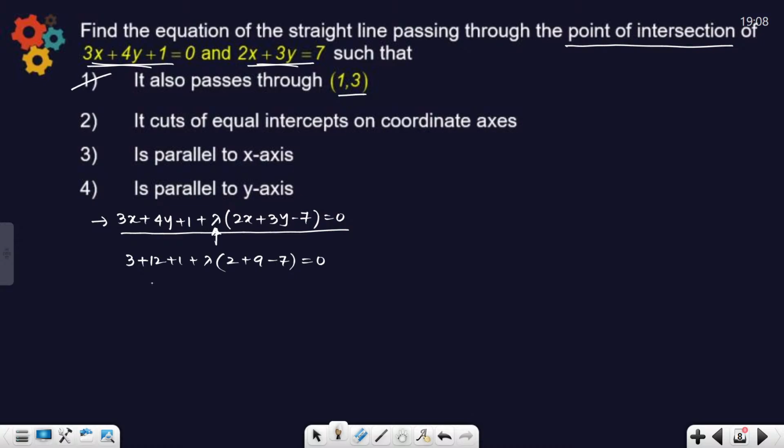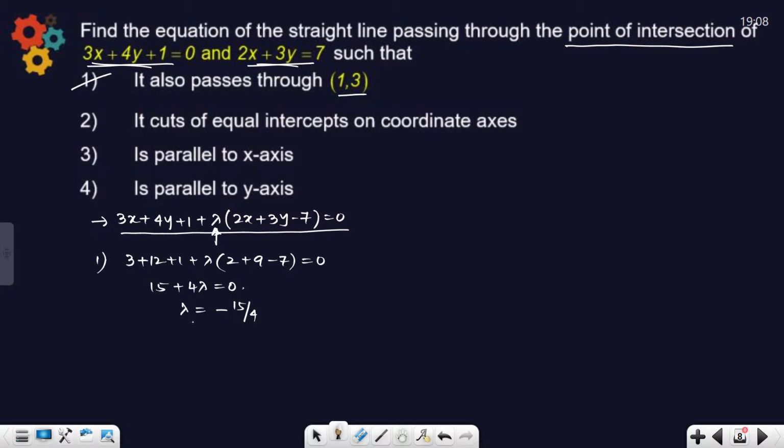So from here, for the first sum, we are getting lambda is nothing but minus 15 over 4. Is it clear? Lambda is nothing but minus 15 over 4.